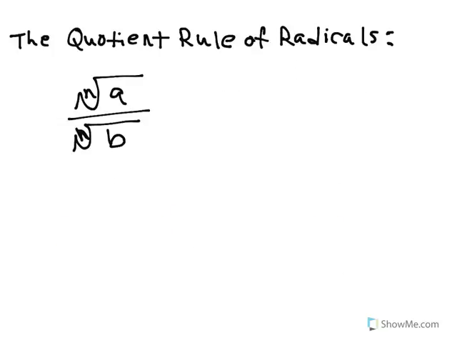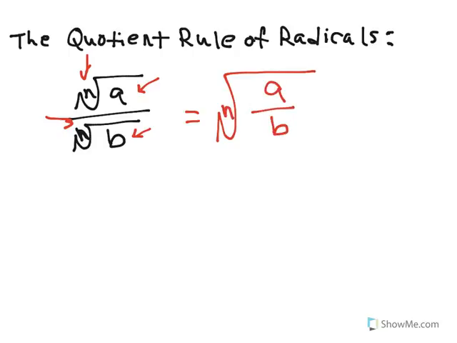The quotient rule of radicals. As long as your index is exactly the same and the radicands are different, we can change that to one single radical with the fraction underneath and reduce if possible.